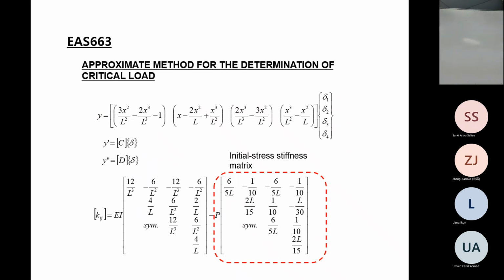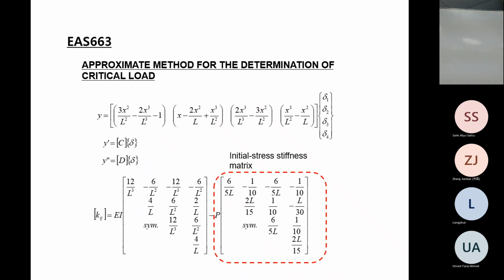You differentiate the second one, you get the second one in this C row vector. You differentiate with respect to x, you get C. Then you differentiate this C one by one again, another time, or differentiate two times, then you get D. And that delta remains because this delta has nothing to do with x.